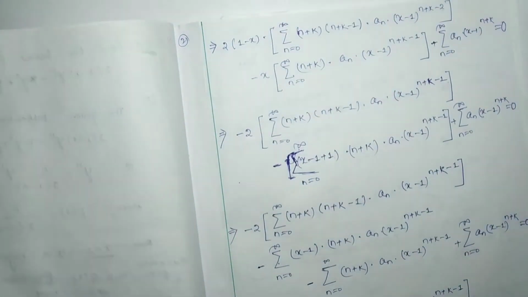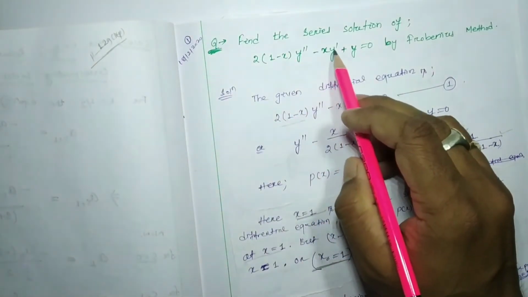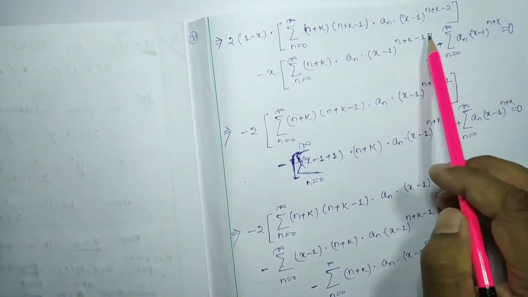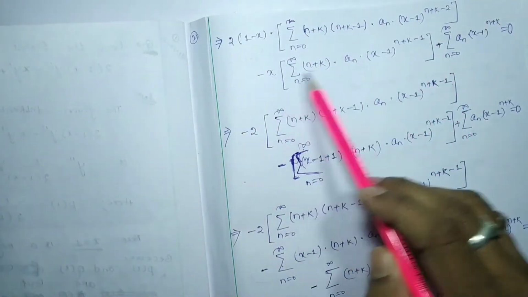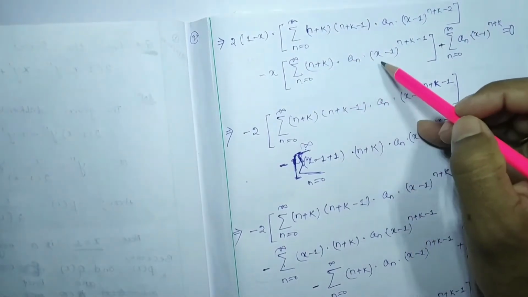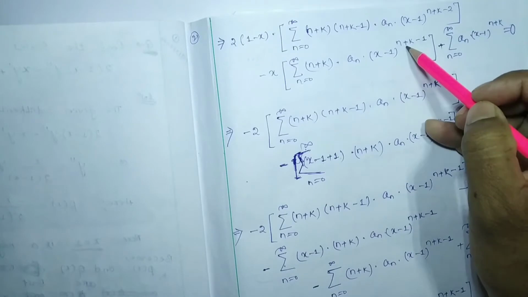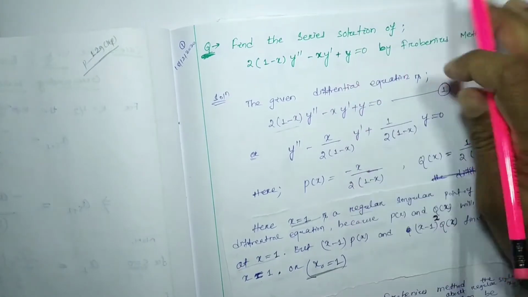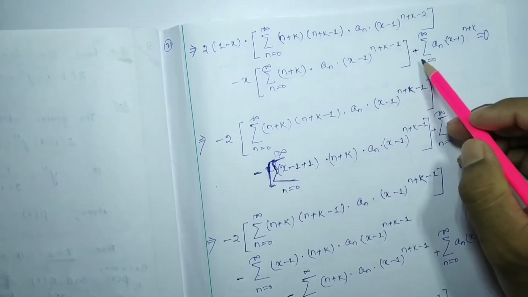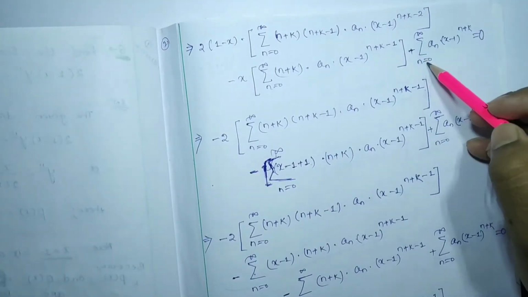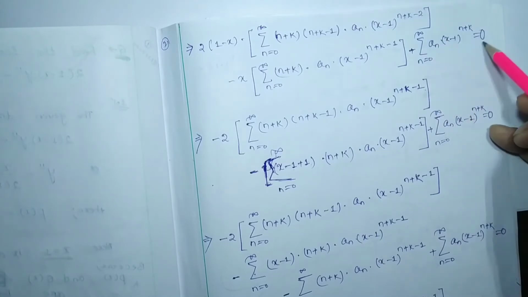Then minus x into y dash, and y dash is this one: minus x, summation n equal to 0 to infinity (n plus k) into an (x minus 1) to the power n plus k minus 1. Then plus y equal to 0, where y is summation n equal to 0 to infinity an (x minus 1) to the power n plus k, equal to 0.